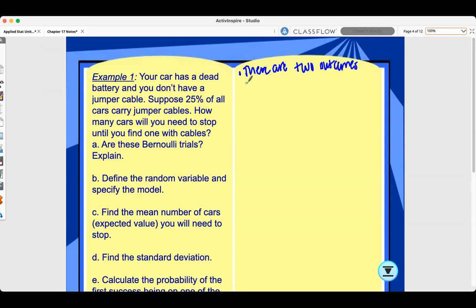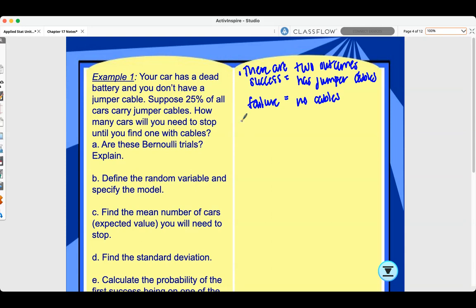Our success equals has jumper cables. Our failure, has no cables.